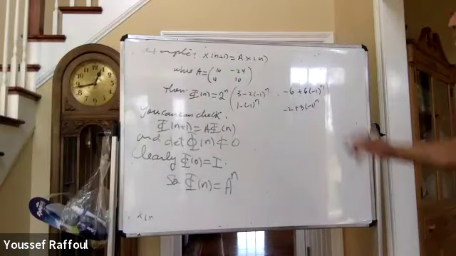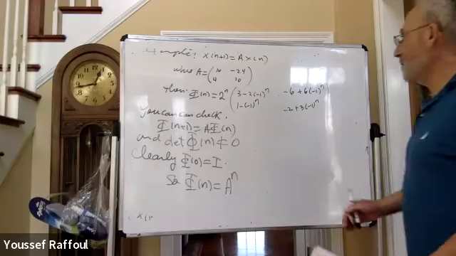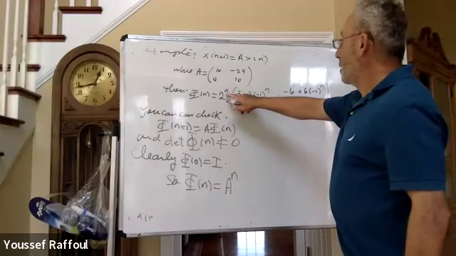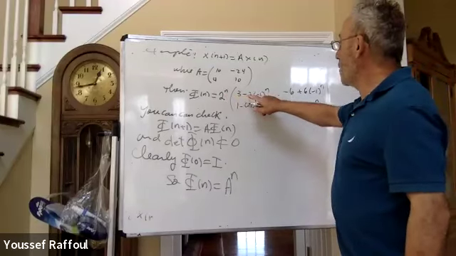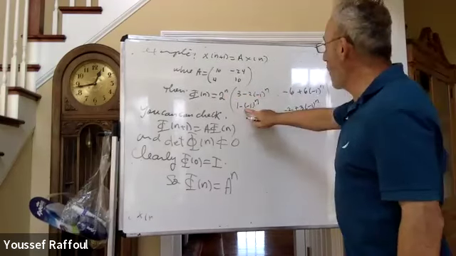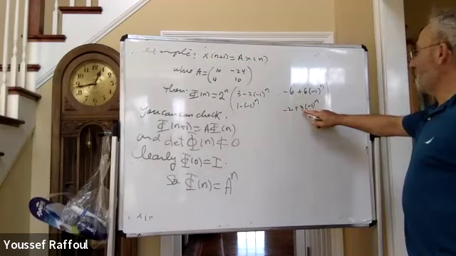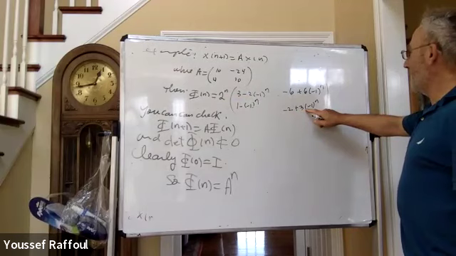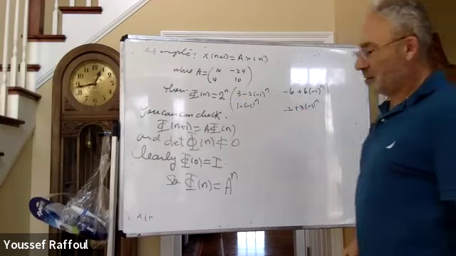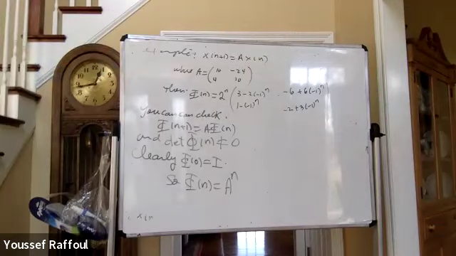If you put n to the power 0, you will get the identity matrix. This will be 1, 3 minus 2 is 1, minus 6 plus 6 is 0, 1 minus 1 is 0, minus 2 plus 3 is 1. So you can see at 0 it is the identity matrix.